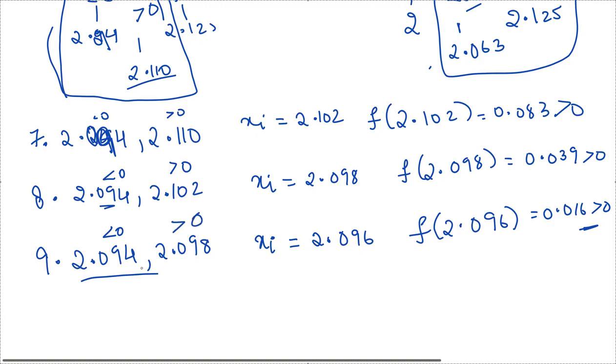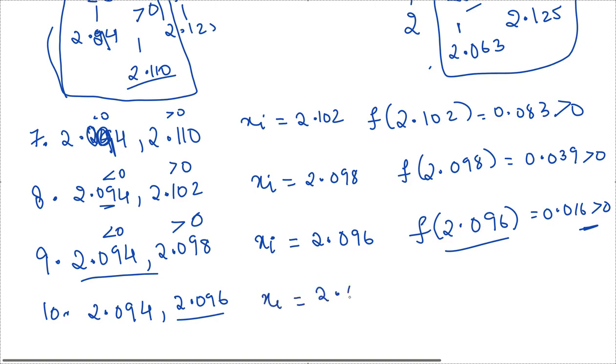So what would be our next interval? Right, 2.094 comma 2.096, right? Since this is greater than 0, we will include that one plus the less than 0 one. If this was less than 0, we would include this one and something which gives greater than 0.